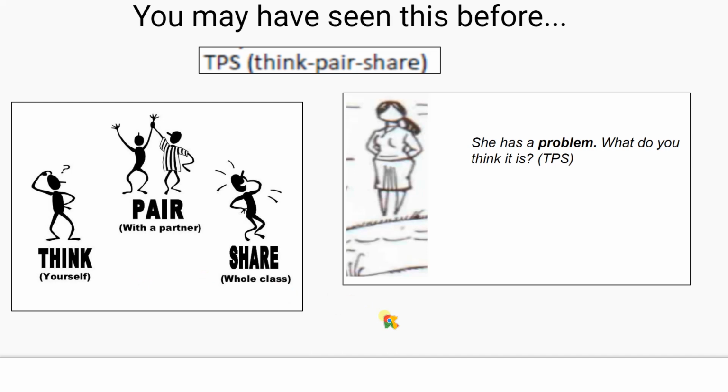Another problem is that sometimes that thinking time is not really enforced. In other words, they say, okay, you're going to think for a minute, talk to a partner, and then we'll share as a class. But students start talking to a partner right away.